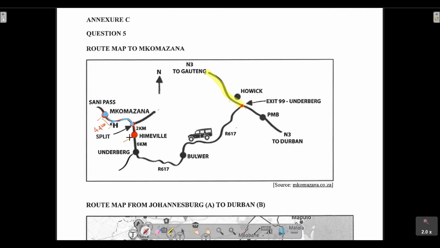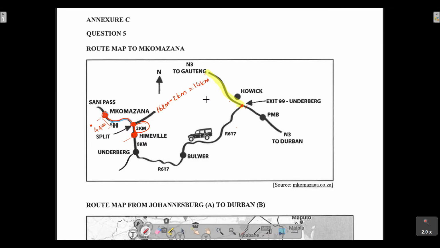We already know that moving from Heimville to Nkomazana is 16 kilometers. If we take that 16 kilometers and minus this 2, it'll put us on the split. That tells us the distance from Nkomazana to the split is 14 kilometers.